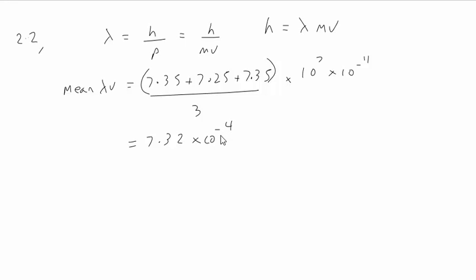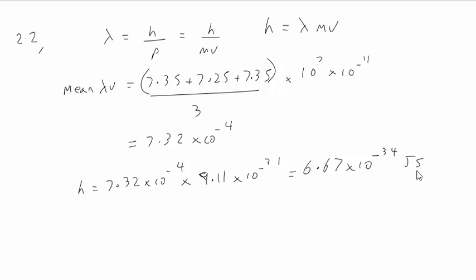So then we can give our Planck constant as being, so h is 7.32 times 10 to the minus 4 multiplied by the mass of the electron, 9.11 times 10 to the minus 31, which gives an answer of 6.67 times 10 to the minus 34 joule seconds.